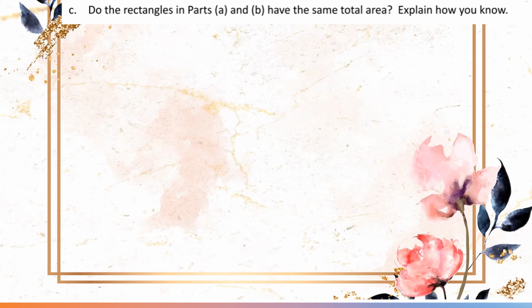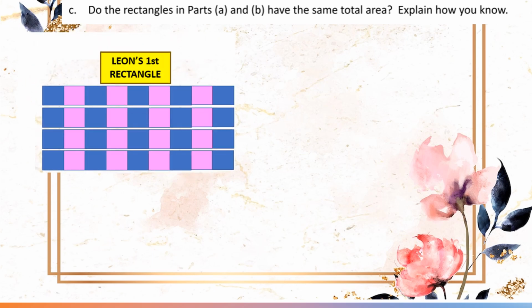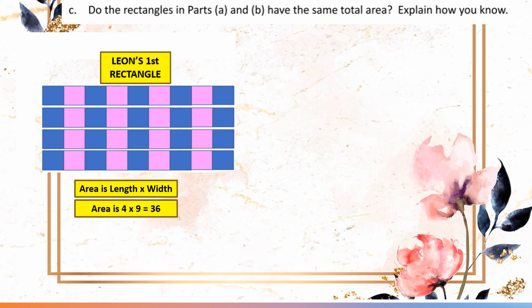This is the last question in our homework. It says, do the rectangles in parts A and B have the same total area? Explain how you know. So right now you need to look back at the rectangle from letter A and the rectangle from letter B. Now the rectangle from letter A, the area was 4 rows of 9, or 4 times 9 equals 36.